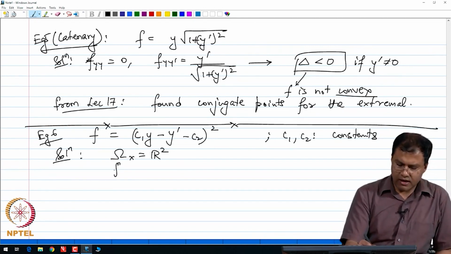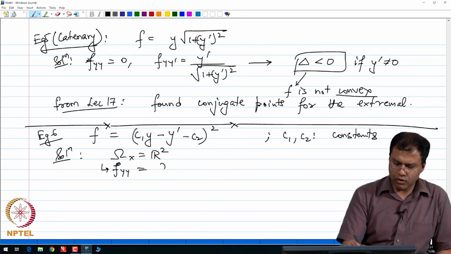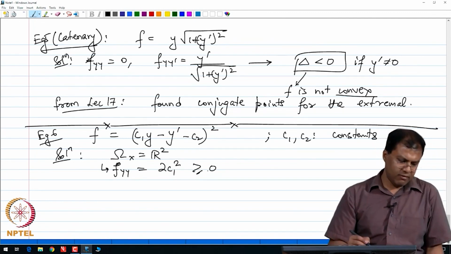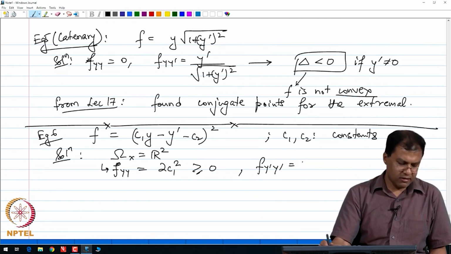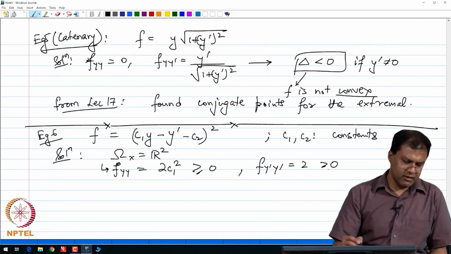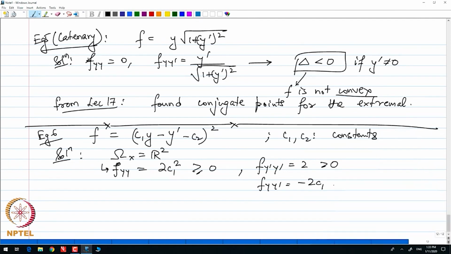Notice that f_yy after differentiating twice comes out to be 2 C1 squared. So, this is always non-negative, and the quantity f_y'y' is coming out to be 2, which is positive, and f_yy' comes out to be negative 2 C1, which is non-zero. We will take that C1 and C2 are constants such that both are non-zero. So, then we have a strict inequality.